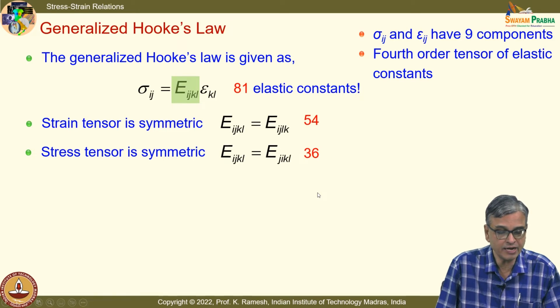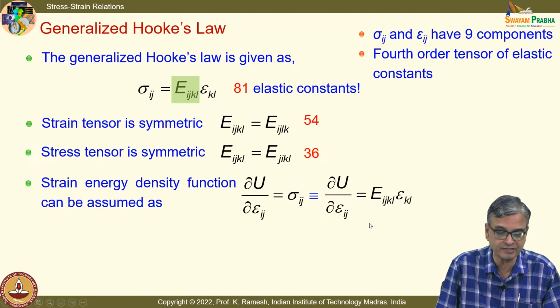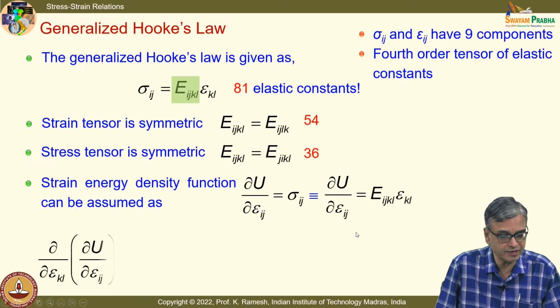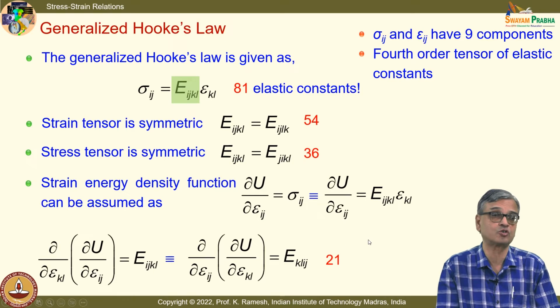And if you look at strain energy density function, and if you differentiate with respect to epsilon ij, you get sigma ij. This is nothing but another statement of Castigliano's theorem, and the order of differentiation does not matter. So, I have E ijkl is E klij. This reduces to 21 elastic constants.